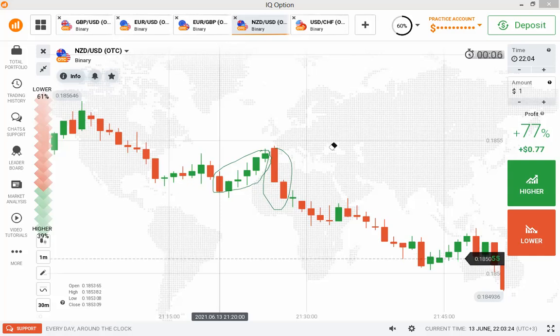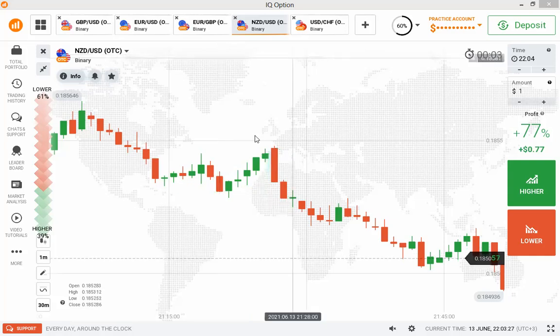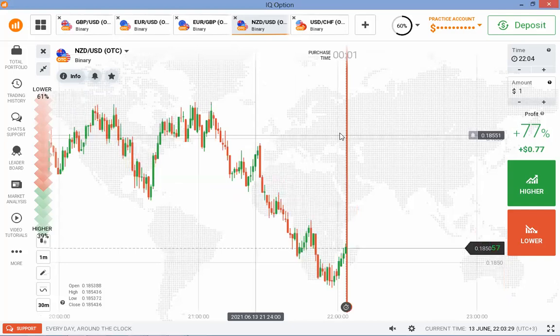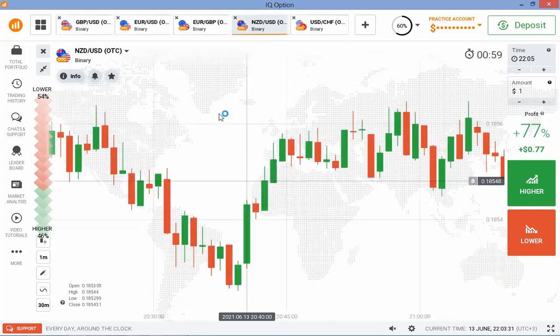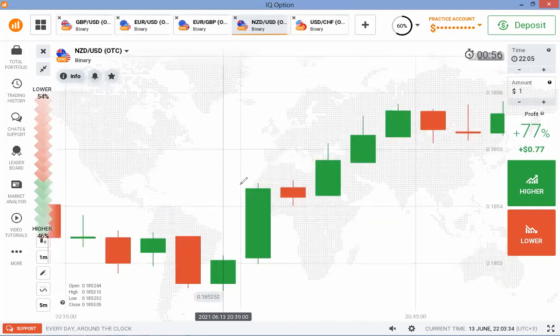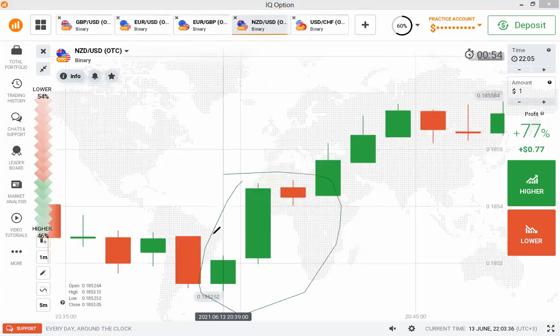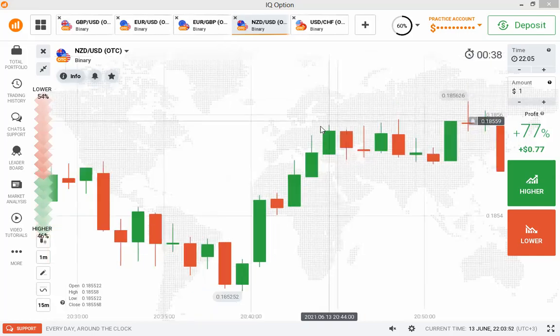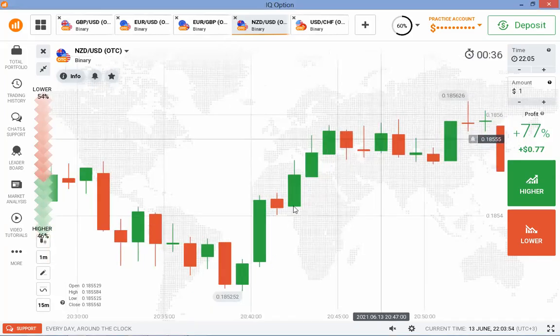So let's continue. When we talk about momentum, I'm talking about whenever you see two or more candles, starting from the support level, then rise to the upside. That is what I mean by momentum. If you look at the chart here, you can see bullish momentum.